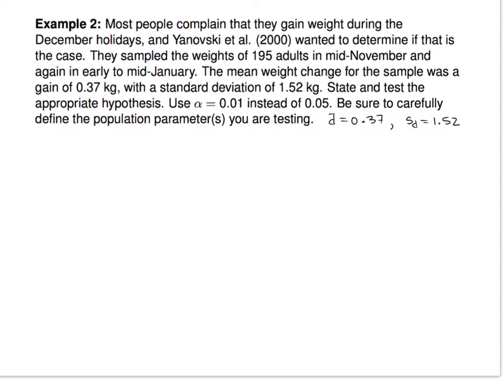So, we want to tell if there actually is weight gain or not, right? Does that make sense? So step 1 that we should label is do the null and alternative hypothesis. So H naught would be that the difference in weights is equal to what? 0, which corresponds to no weight gain, right?